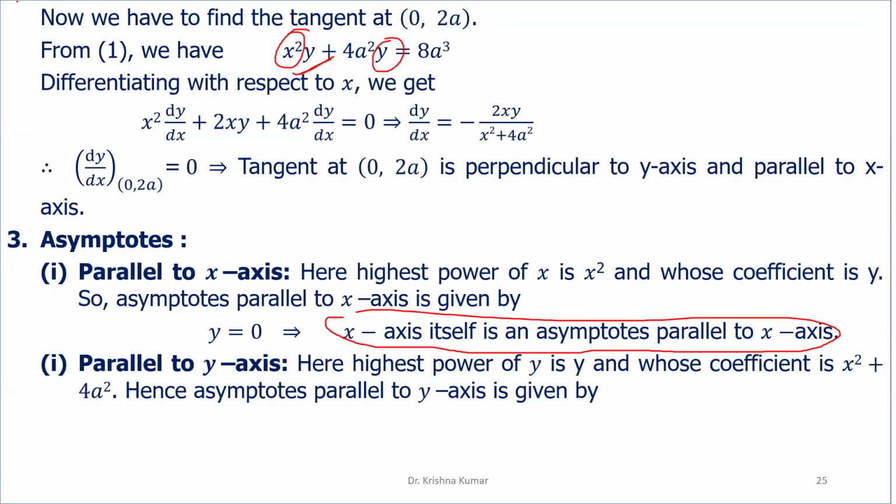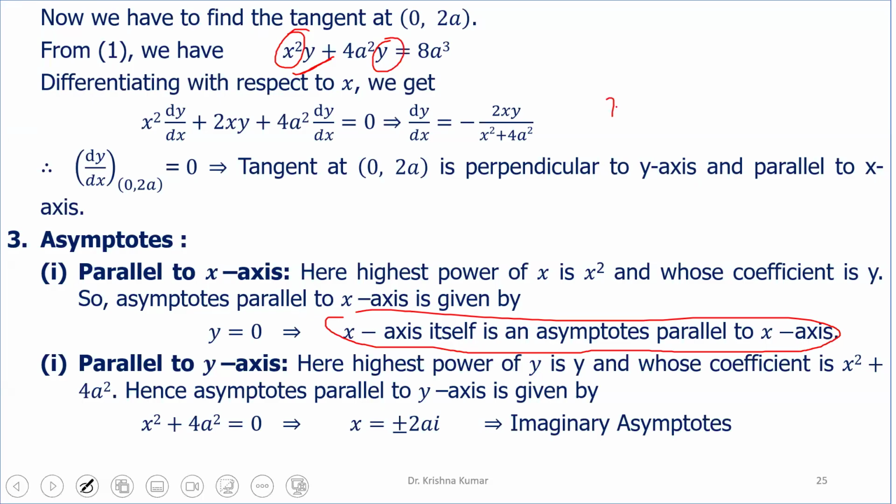Hence, asymptotes parallel to the y-axis. We have x square plus 4a square, and this whole thing is the coefficient of y, so equating it to 0 and transferring 4a square to the right hand side, we are getting x square equal to minus 4a square.